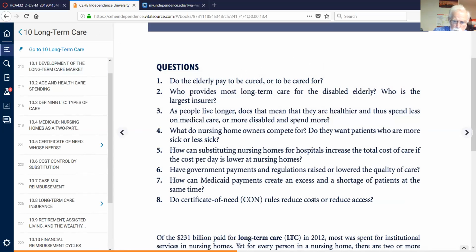Certificate of need rules reduce cost or reduce access. They don't reduce costs, I don't believe. They do, however, create an access problem, in that under the certificate of need rules we have to show that there is a need, and there is little doubt that there is a need.